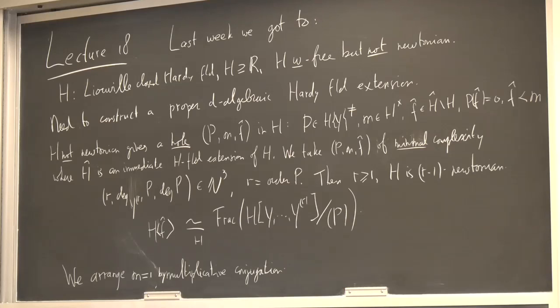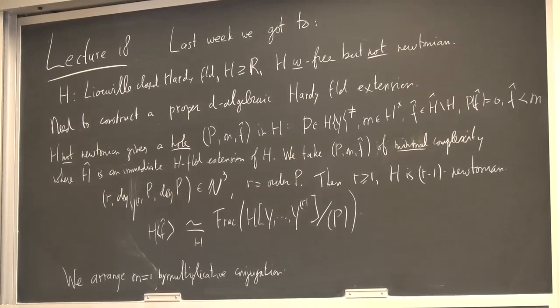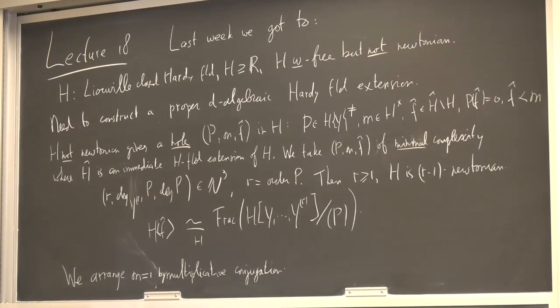Namely, it's isomorphic over H to the fraction field of these polynomials in y up to y_r mod out by P, which is a differential field, right? Because in fact P is irreducible. The minimality of P implies that P is irreducible. So this makes sense.